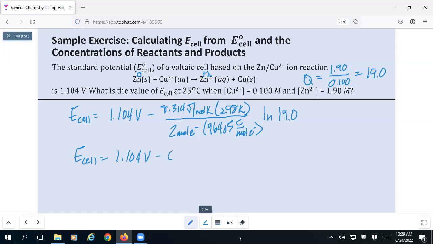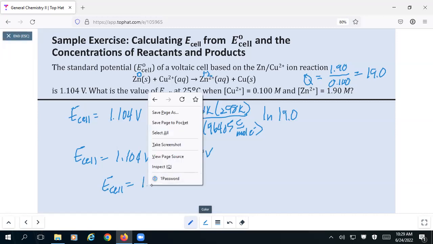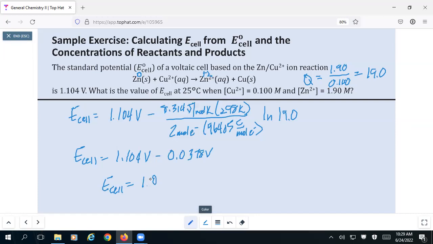I get 0.0378 volts, which rounding to 3 decimal places would give me 1.066 volts.